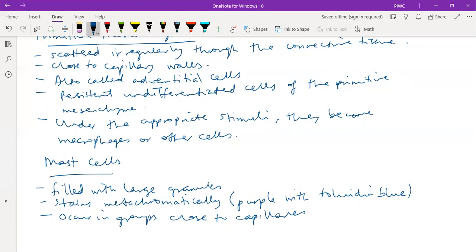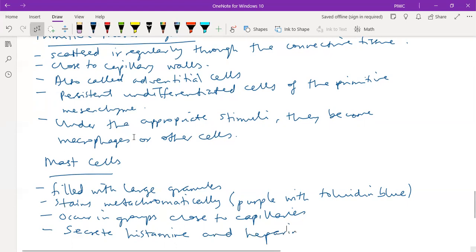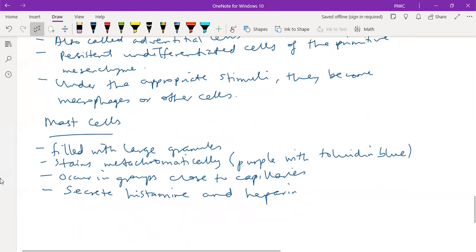It is believed that among other substances, they secrete histamine and heparin. Remember, histamine plays a role in allergic reactions, whilst heparin plays a role in inhibiting blood clots.